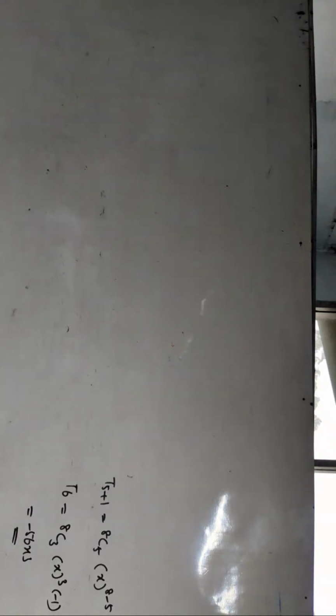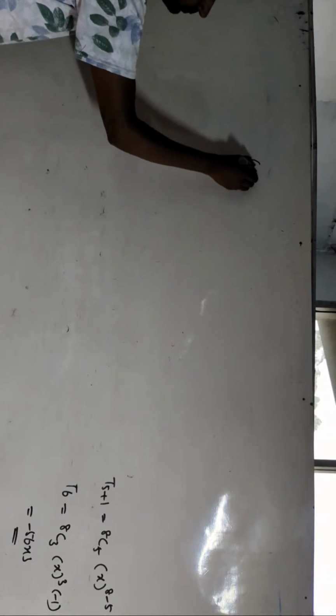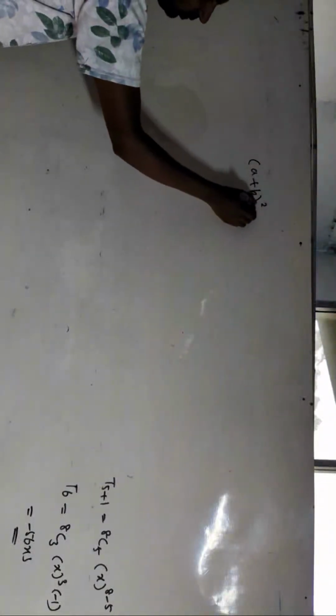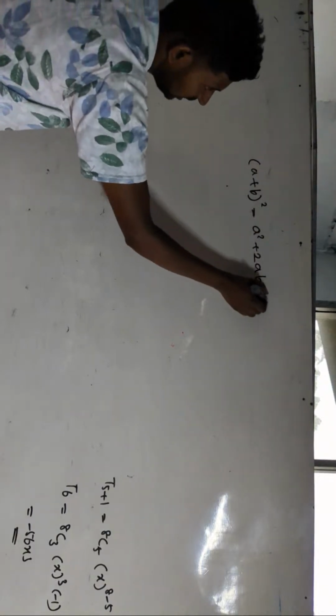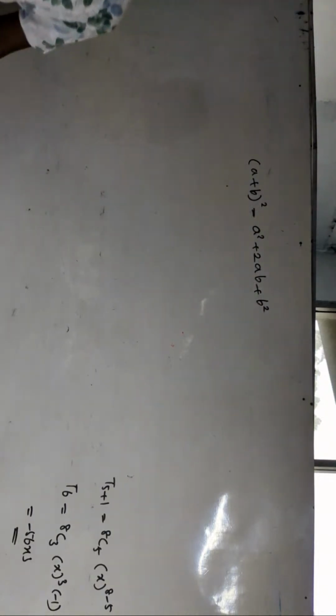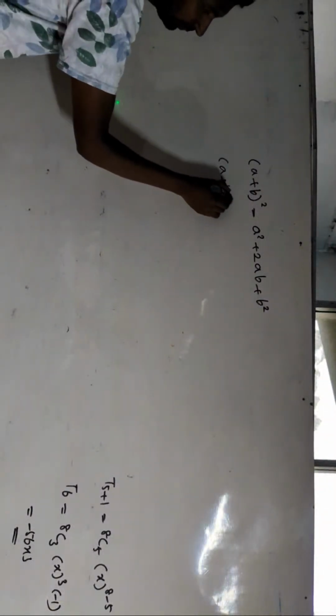Now there's a small theory element. If you consider (a plus b) whole square, how many terms are there in the expansion? There are 3 terms. If you consider (a plus b) cube, how many terms?